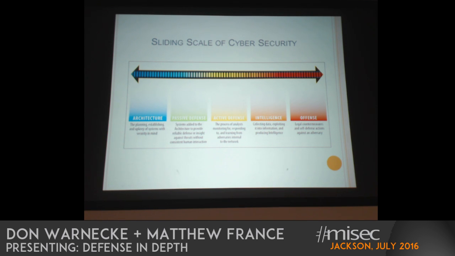So as an example, if you are collecting data and you're exploiting that data to find TTPs and different things that you should be monitoring for, and you produce an intelligence product, and I use that term in the way that an intelligence analyst would use it, not the way a vendor would use it, but you create an intelligence product. If that data collection was on your own network, that's intelligence, but it's closer over onto the active defense side.